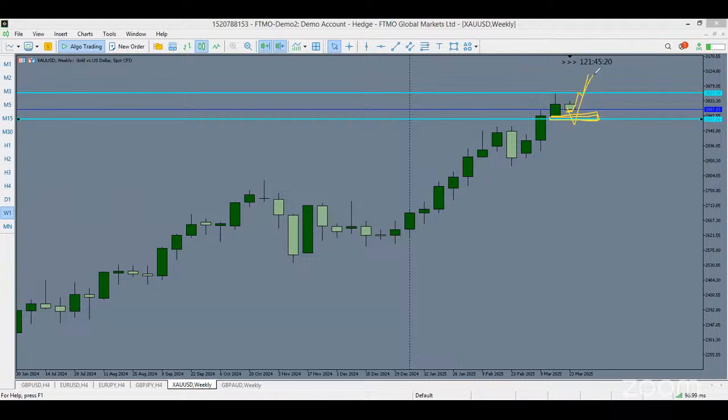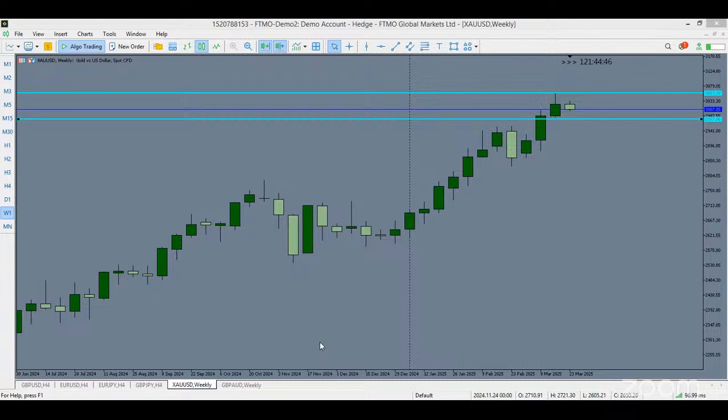Okay, and then continue going up. It could do that. Or for all we know, it can then give us another bearish candle here. So once it gives us a bearish candle and breaks this last week's low, once it breaks that, we'll just look for it to pull back up, and then we'll go down maybe to these lows here. Okay, so we always have to ask ourselves, what is price doing?